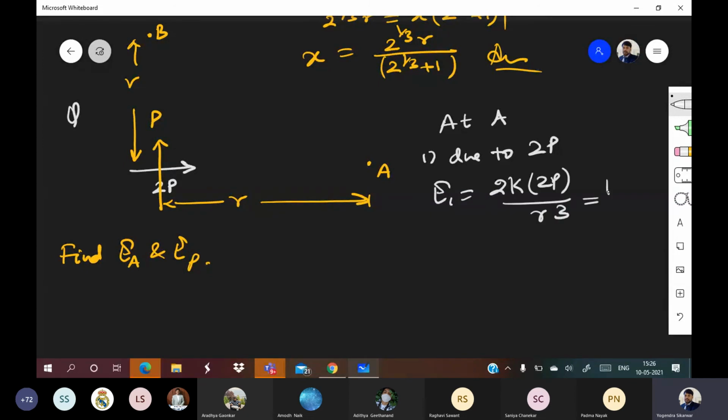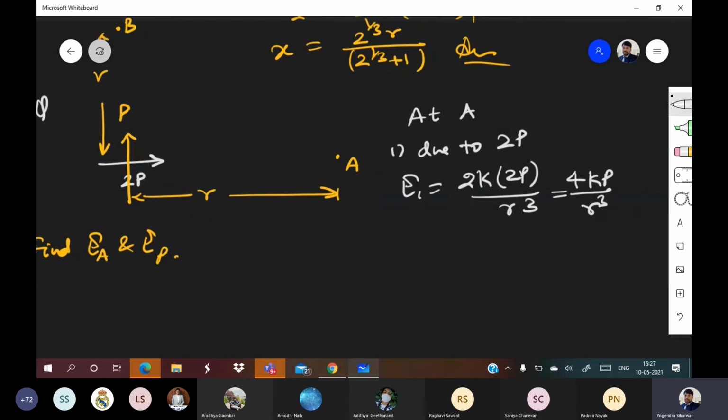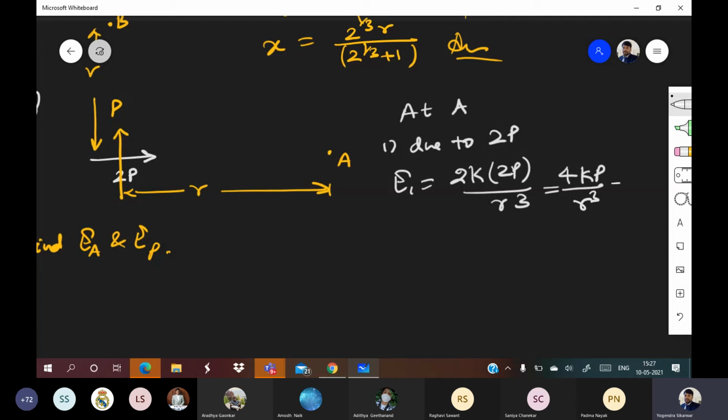So that becomes 4Kp upon R cube, and the direction is this. Now E2.